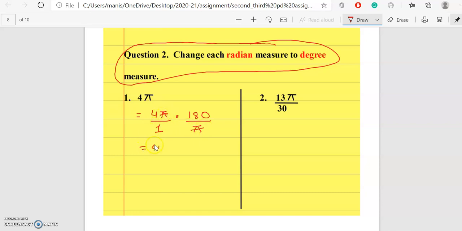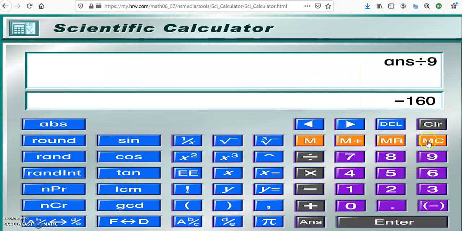So what is left? 4 times 180, and this is 1 times pi, 1. So technically you multiply these two numbers, 4 times 180. Let's use the calculator. 4 times 180. What's your answer? 720 degrees.